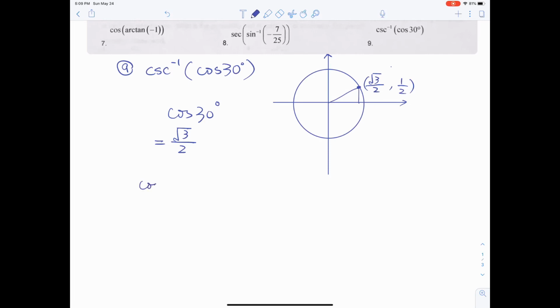So cosecant inverse of root 3 over 2. It's impossible because this number is smaller than 1, and cosecant must be bigger than 1.